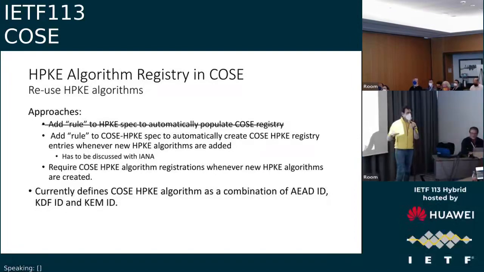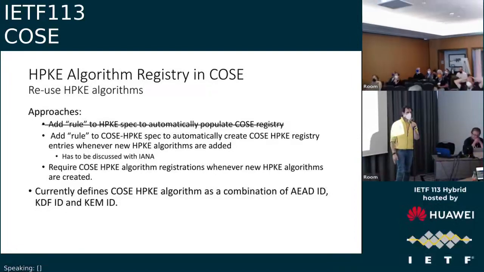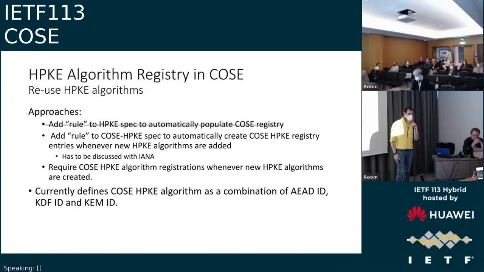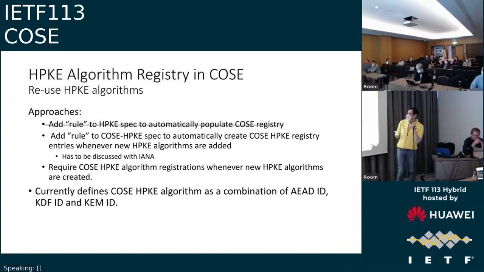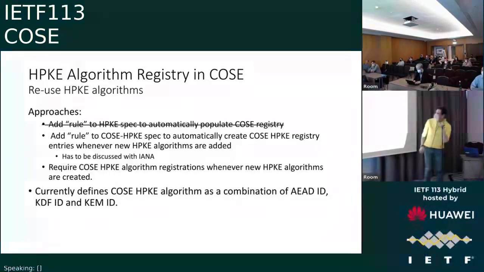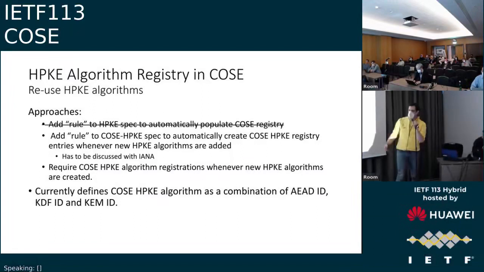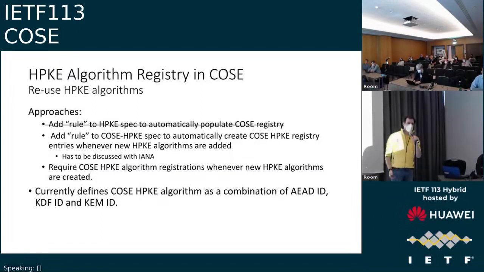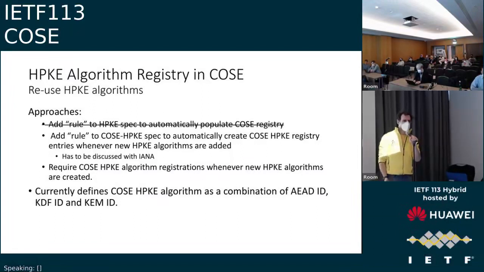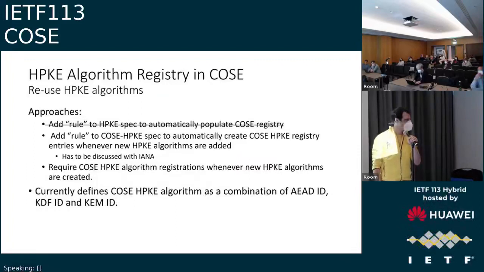But the question is, what happens going forward with new algorithms? And we discussed primarily the first approach, which was to add a rule in quotes to the HPKE specification to then automatically populate values in the Cose registry. Unfortunately, shortly after the virtual intro meeting and the discussion, the HPKE document was published as an RFC, so no changes were possible anymore.